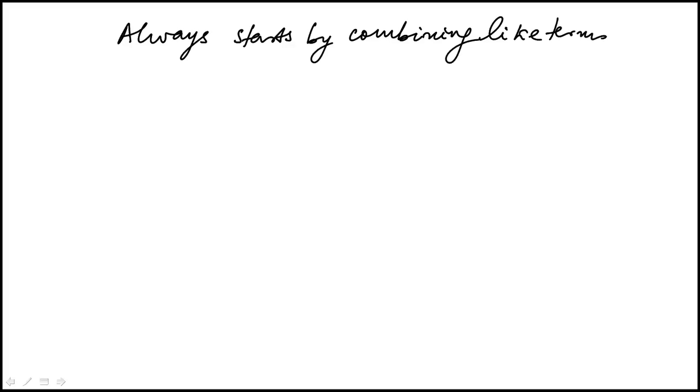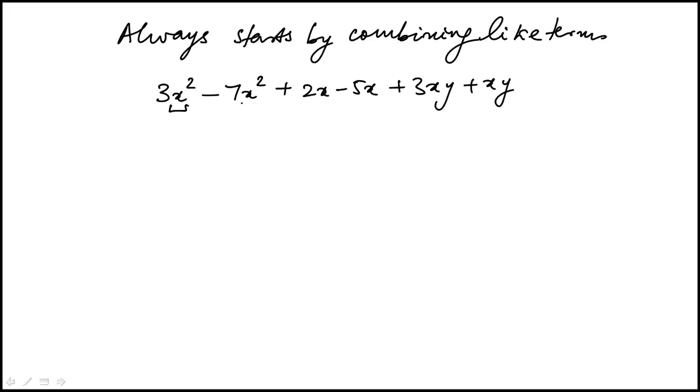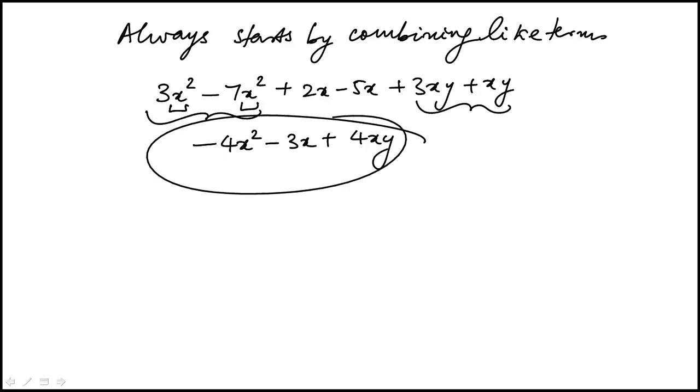So for example, you're given something like 3x squared minus 7x squared plus 2x minus 5x plus 3xy plus xy. And here the like terms are the ones that have the similar algebraic expression. So 3x squared minus 7x squared becomes minus 4x squared, and then 2x minus 5x becomes minus 3x, and these two become 4xy. So this type of simplification, anytime you have an opportunity, always do so.